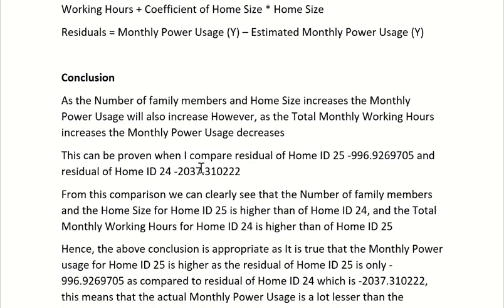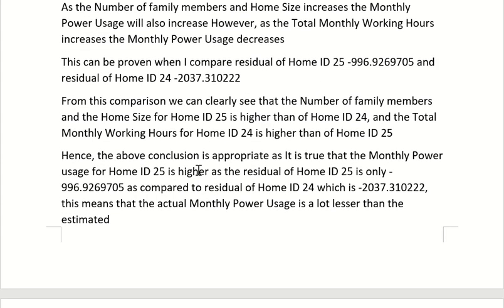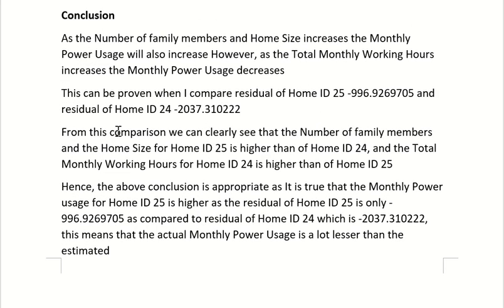This can be proven when I compare the residual of home ID 25, which is negative 996, with the residual of home ID 24, which is negative 2073. From this comparison, we can clearly see that the number of family members and the home size for home ID 25 are higher than those of home ID 24.